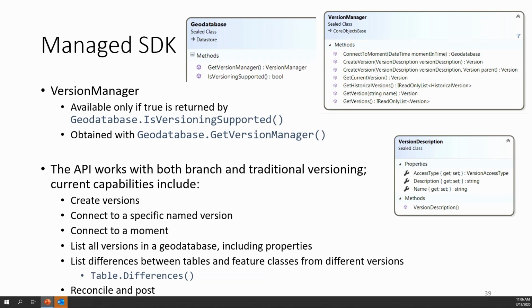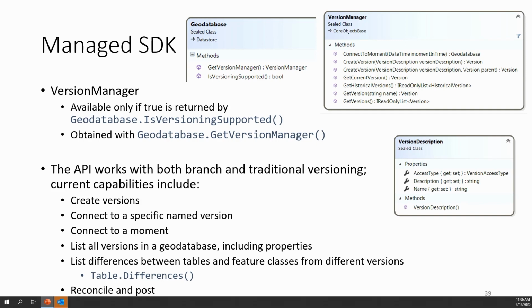But again, it's sort of your gateway to individual versions. And you can see on the version manager being able to connect, create a particular version, get a version that has a specified name, get a list of all the versions, or connect to a particular moment in time inside the geodatabase.